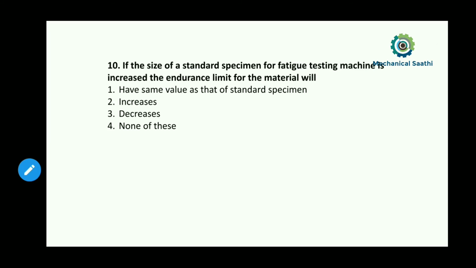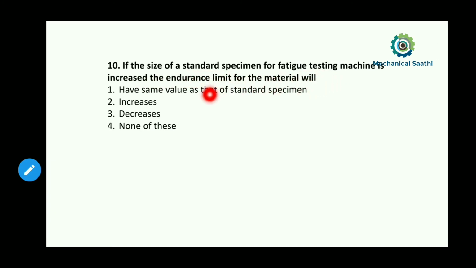So this is the last question for this video. Let us read it. If the size of a standard specimen for a fatigue testing machine is increased, then the endurance limit for the material will what?